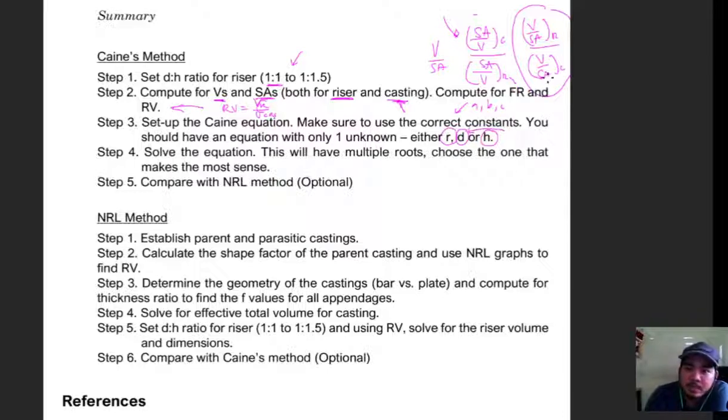Because parang mas madali kasing compute pag naka-diameter na siya. Mas madaling i-relate sa H natin. Pwedeng diameter, pwedeng H. Yung R kasi multiply mo pa by 2 para makuha yung diameter, then multiply by whatever ratio you have. So I like to use diameter lang. Okay? Then you solve the equation.